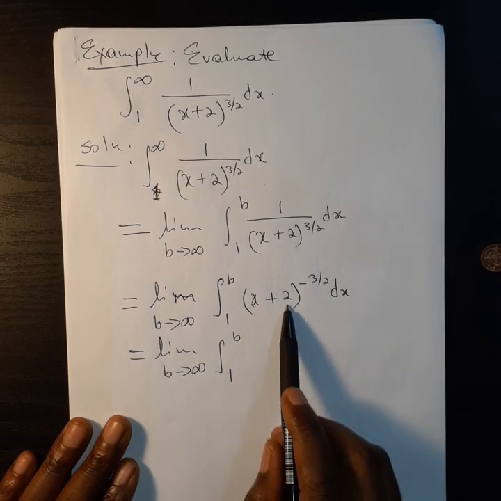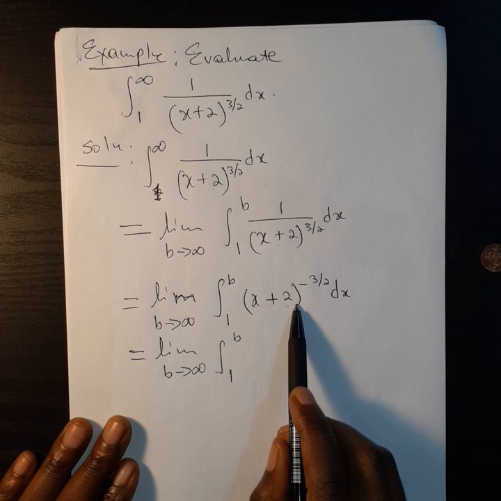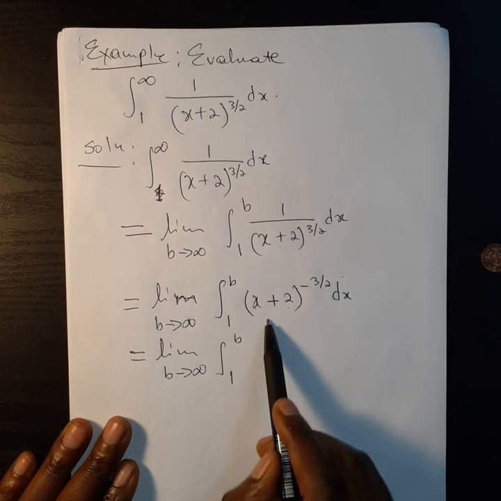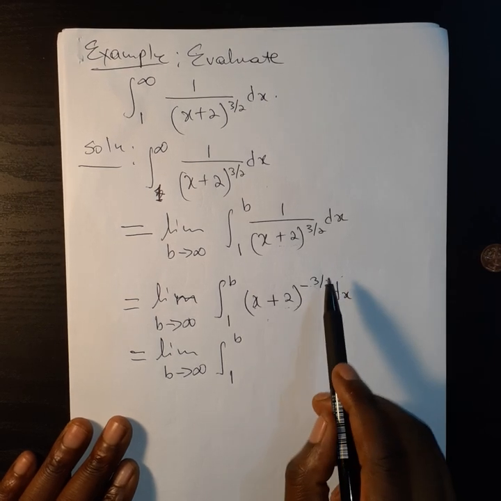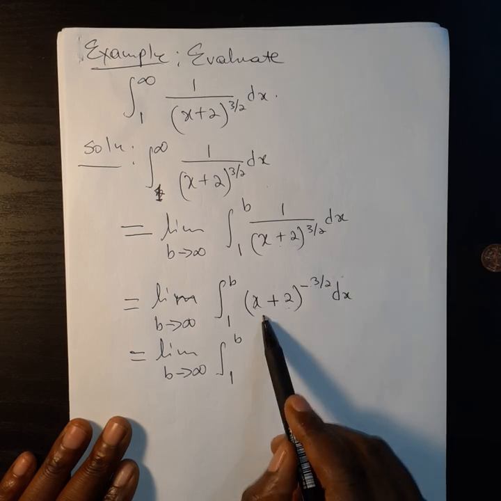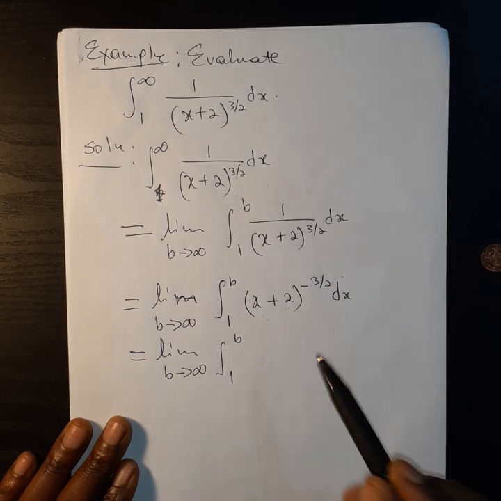If you let this be your f of x, f prime of x will be 1. So we just add 1 there and we divide by what we get. So if you add 1 to minus 3 over 2, you get minus 1 over 2, and then you divide by minus 1 over 2.